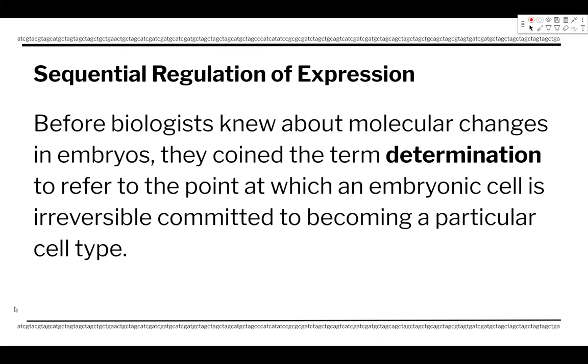So this showed them that there was a sequence within embryonic development. This happened, and then this happened, and then this happened, and that process was always the same. And at one of those steps, everything had a fate. It knew where it was going to be and what it was going to be, and nothing could change its mind.